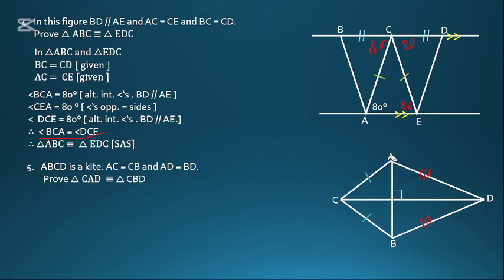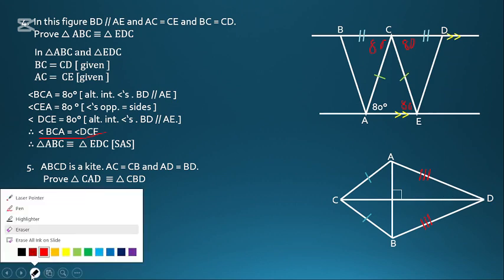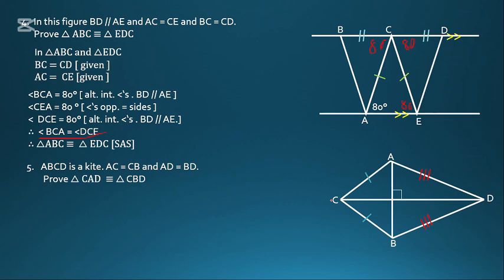So you must prove that this triangle here is equal to this one over here. This one, CBD. Right. Prove that CAD, this triangle, is equal to CBD.